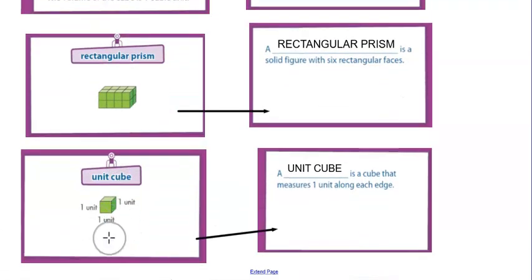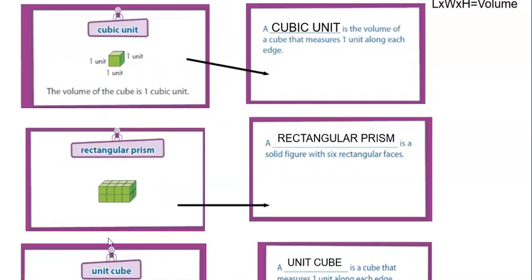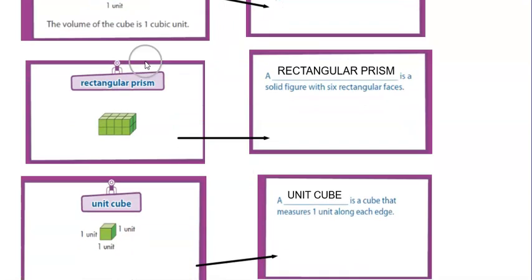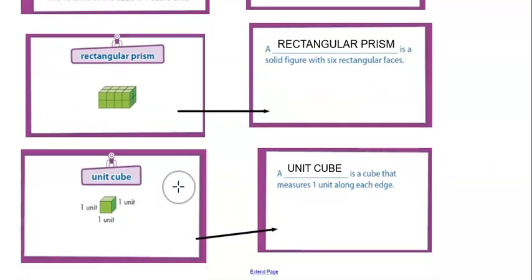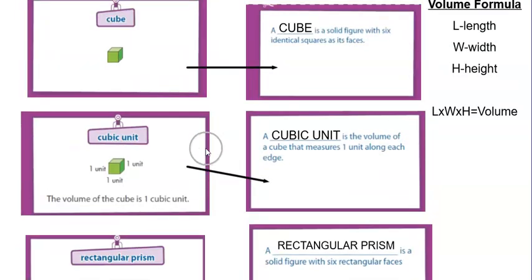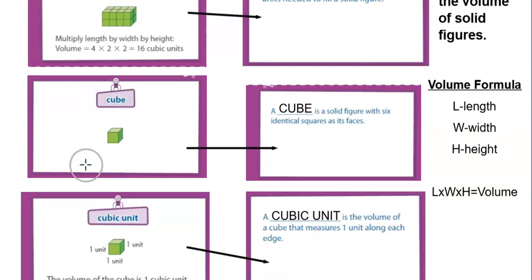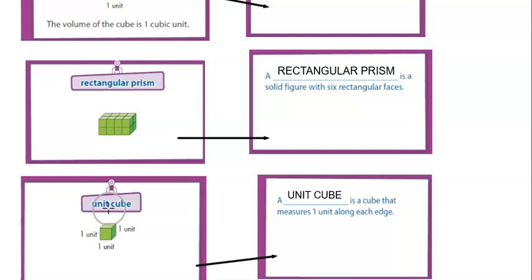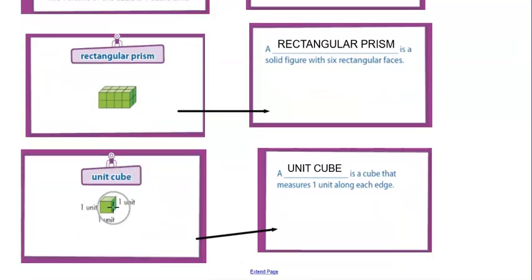And then the last vocabulary word is a unit cube. You'll notice we have cubic unit and we have unit cube, and those are 2 different things. A unit cube is a cube that measures 1 unit along each edge. This is basically us taking a cube and saying that each of its sides is 1 unit. This cube could be super big or super small, but it's a cube, a solid figure with 6 identical faces, whereas a unit cube is actually that size.